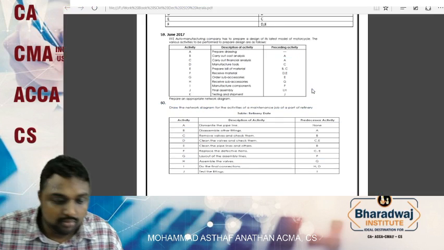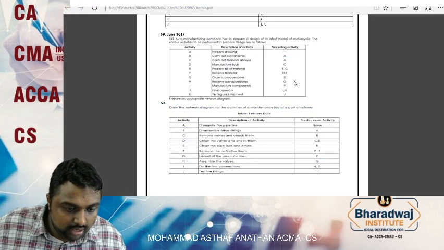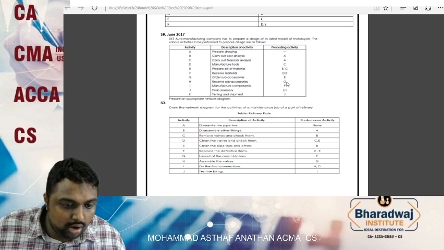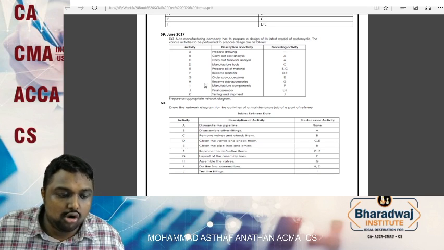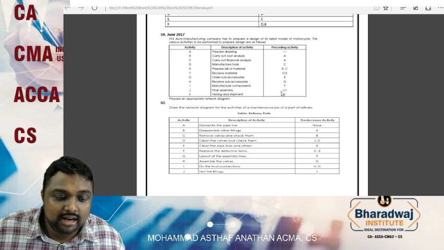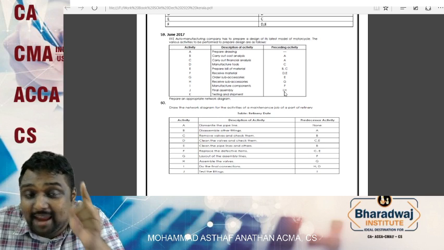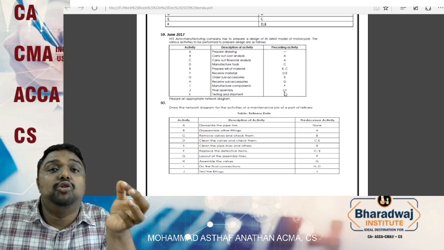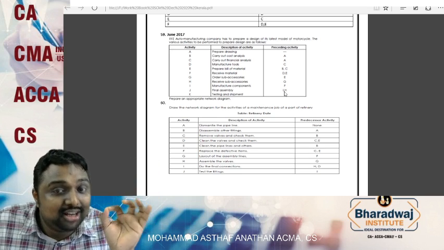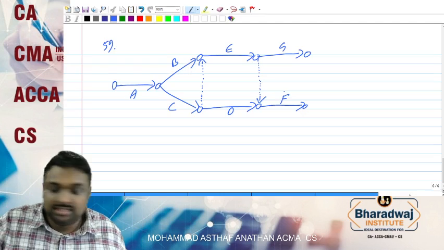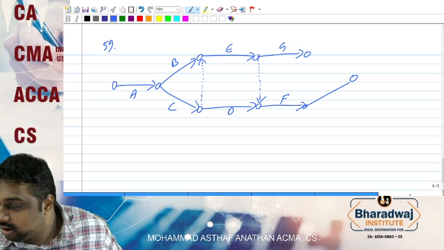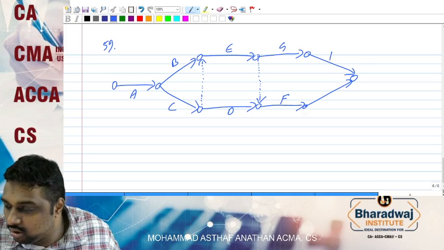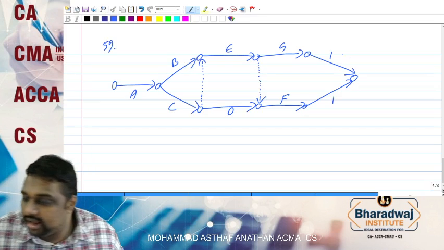How interesting. Now look here, your G and F go for H and I. See, look here, your H and I again is the same merging case: two or more preceding activities, we have to bring into a single node. So from F, I goes; from G, H goes.